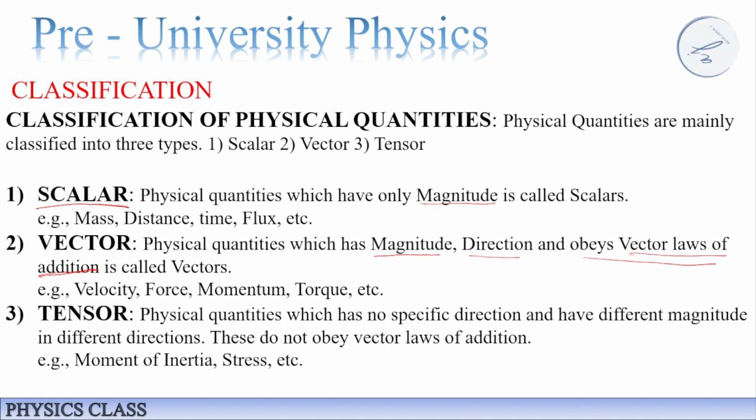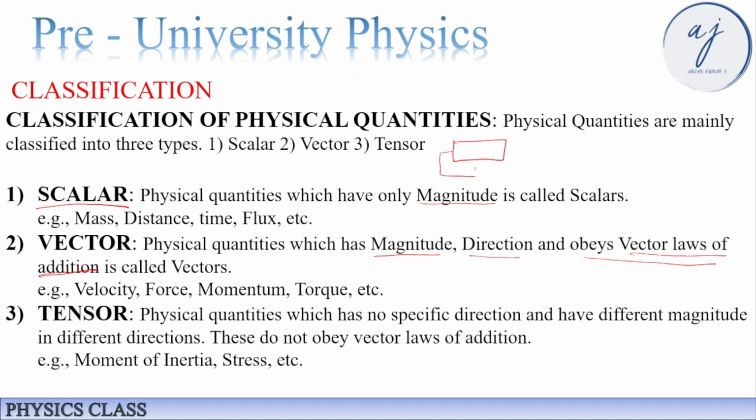But the actual definition of a vector is a physical quantity which has magnitude, direction, and obeys vector laws of addition.